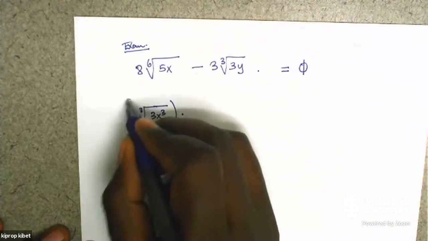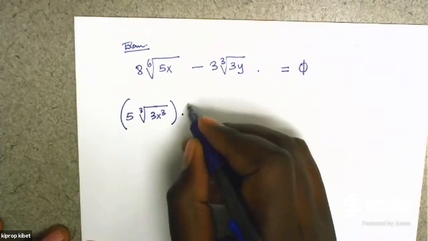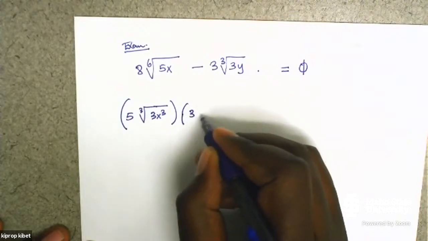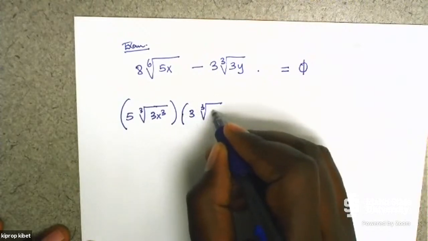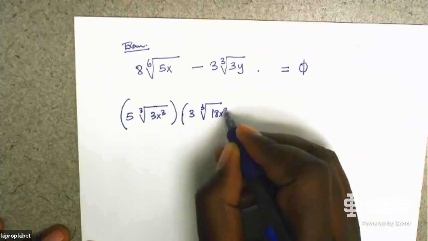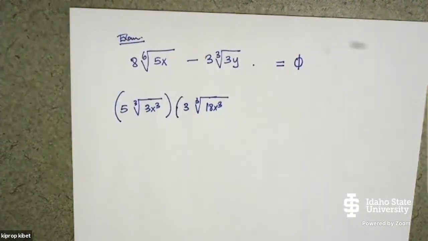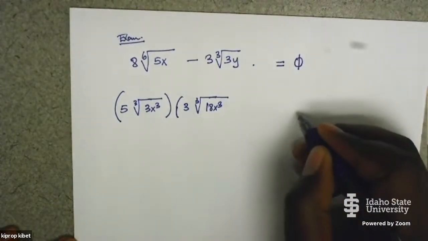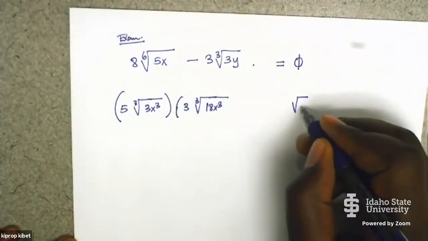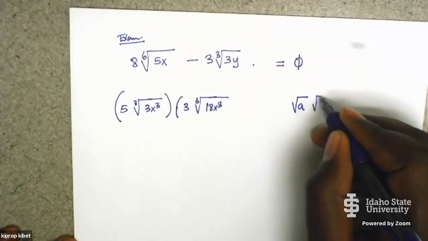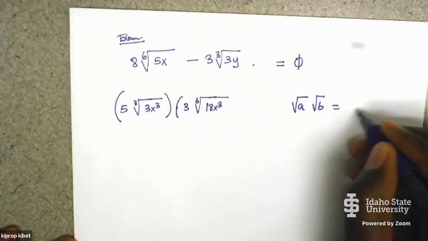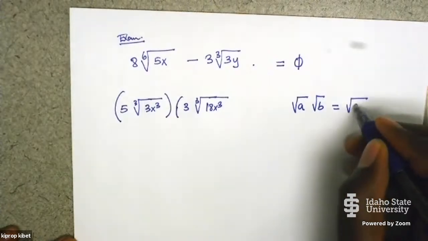If we now multiply 3, the cube root of 18x cubed. Now, when we are multiplying the roots, just the way we did, if you multiply the root of A, the root of B, it is similar to multiplying what?